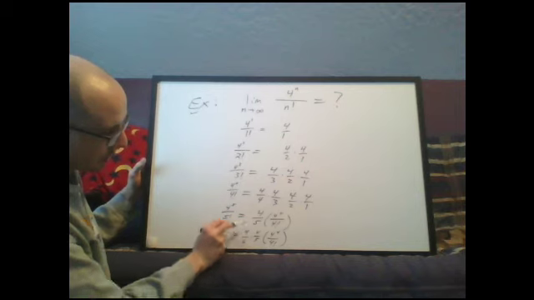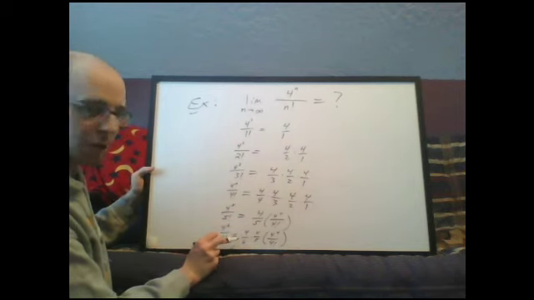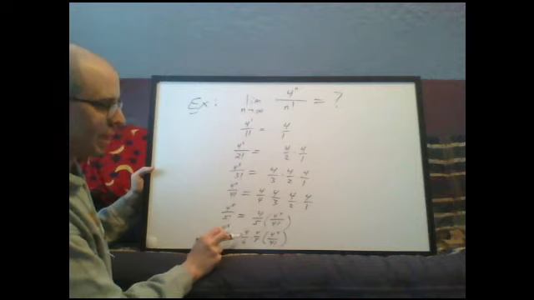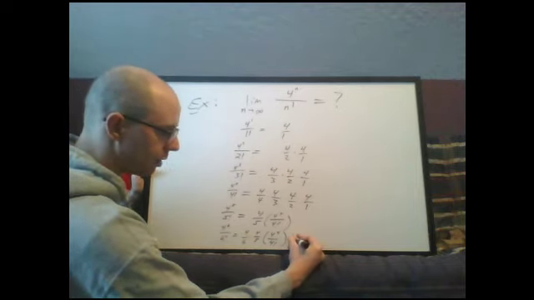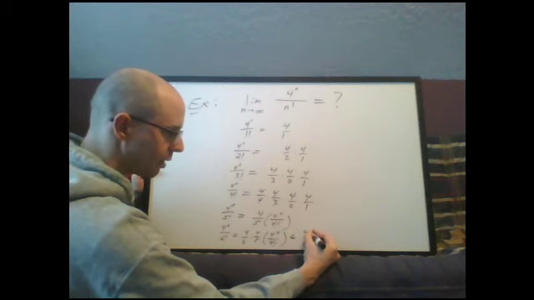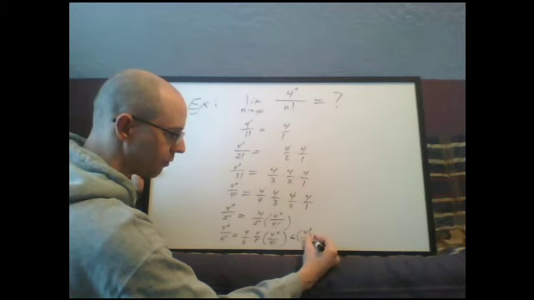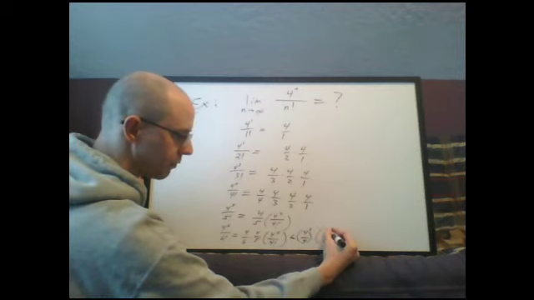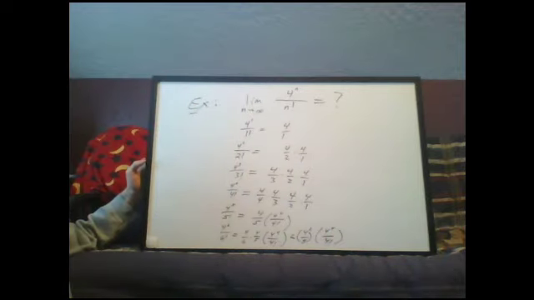So to get the sixth one, we took the fifth one and multiplied by 4 over 6. 4 over 6 is less than 4 over 5. So this is less than 4/5 squared times 4 to the 4th over 4 factorial.